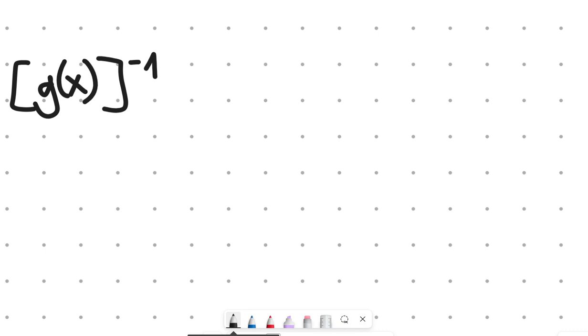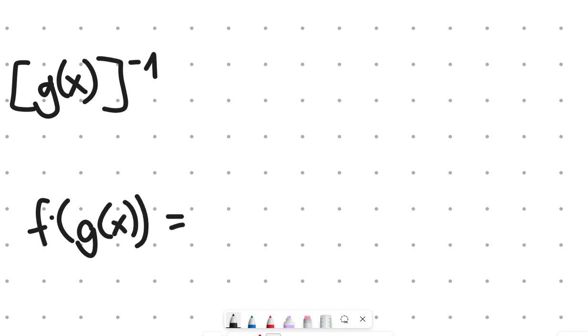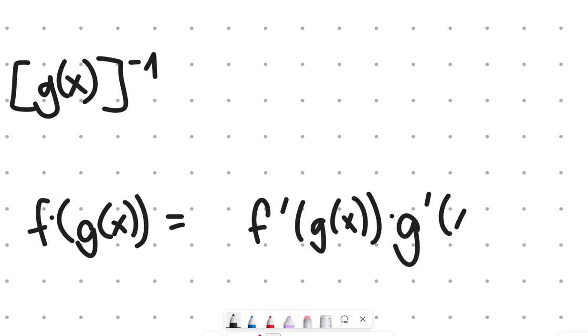It's called the chain rule, stating that if I have a function f of g of x, then we take f prime of g of x and multiply by g prime of x.